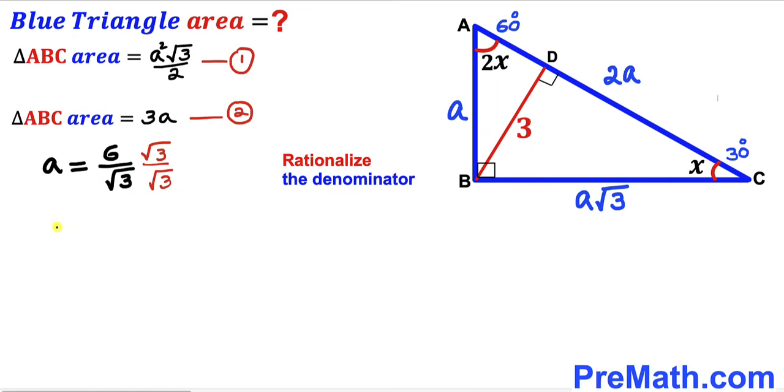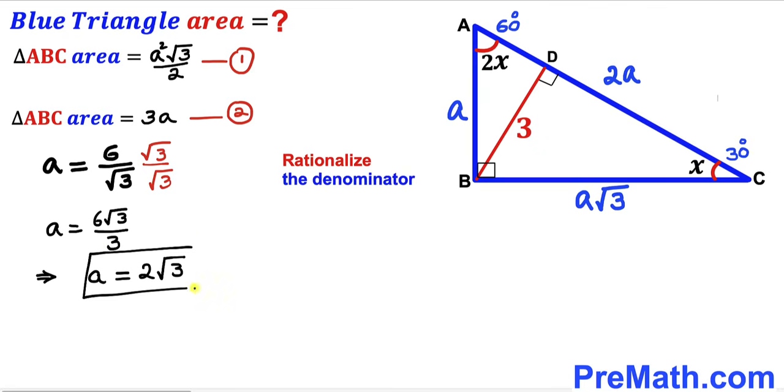So therefore lowercase a is going to be equal to 6 times square root of 3 divided by 3. So thus our lowercase a value finally turns out to be 2 times square root of 3.